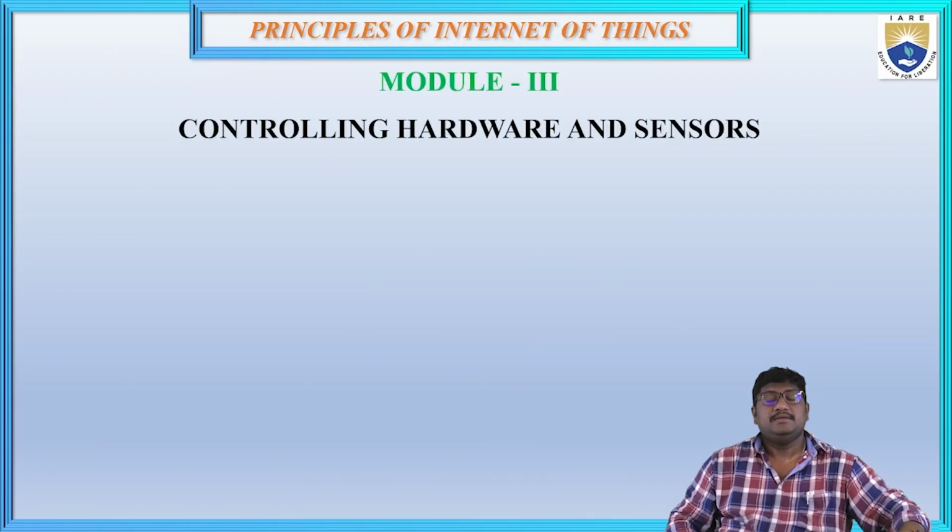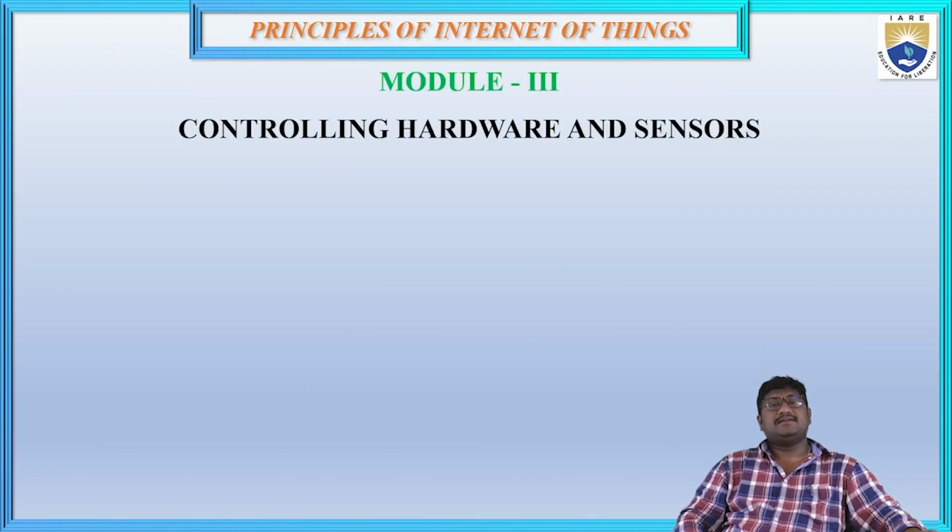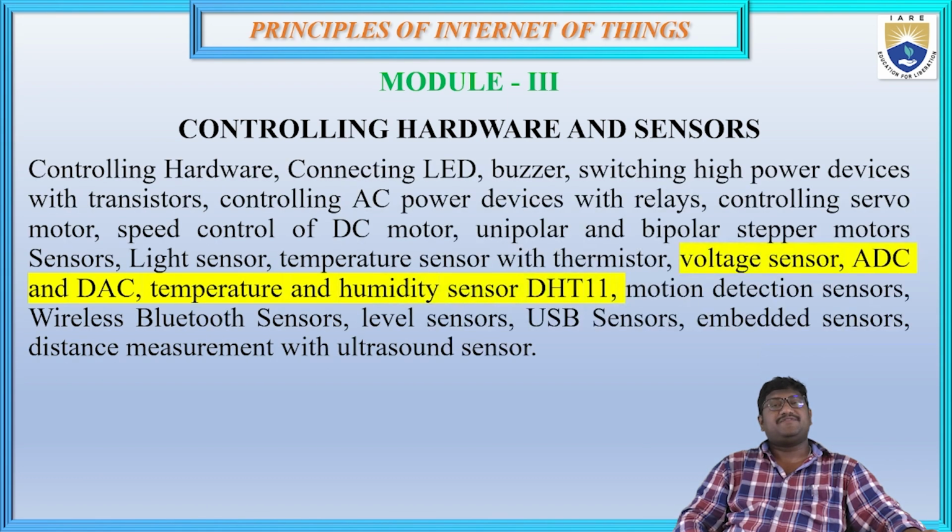As I told you, the main topic of discussion is controlling hardware and sensors, which we discussed in the past classes also. Controlling hardware, connecting LED sensors as well as relay sensors, speed control of DC motors, unipolar and bipolar, along with light sensors and temperature sensors with thermostats.